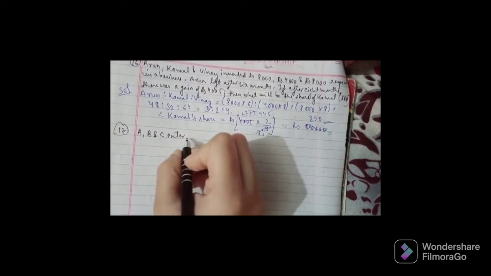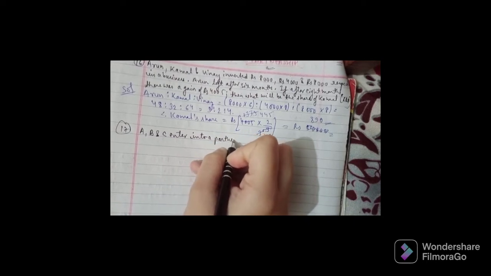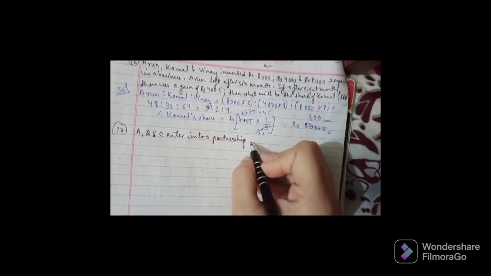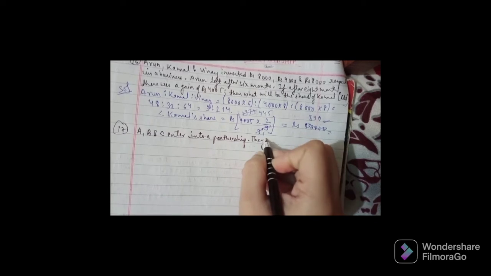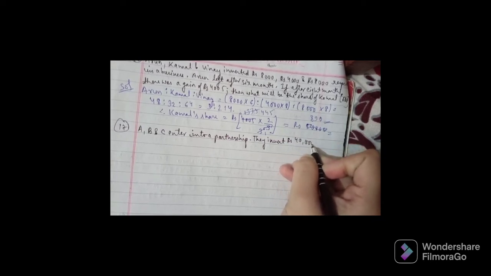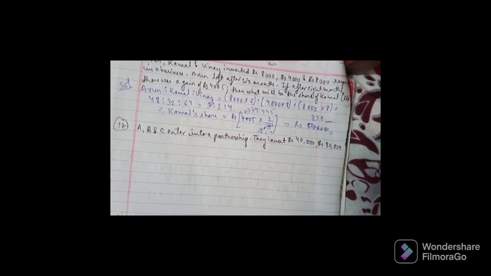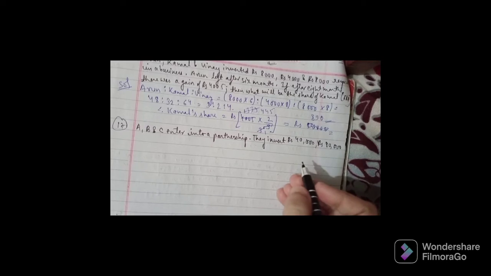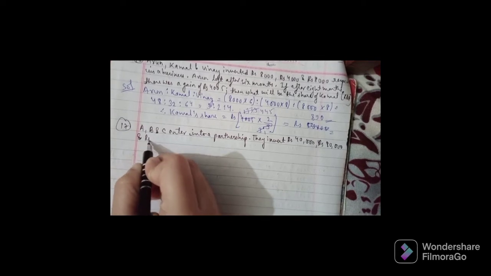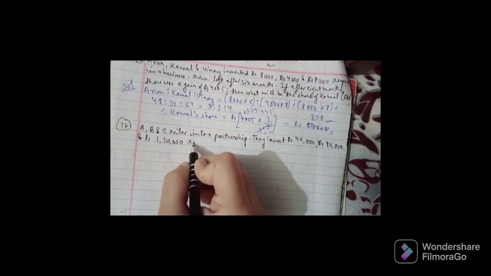A, B, C enter into partnership. They invest rupees 40,000, rupees 80,000 and rupees 1,20,000 respectively.